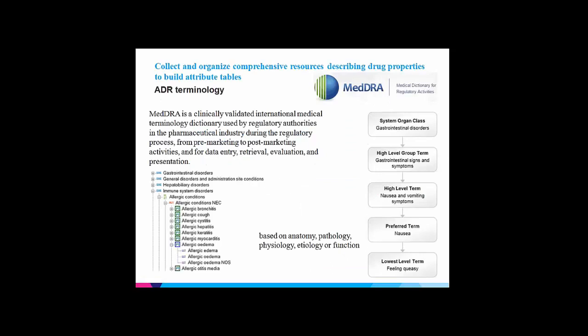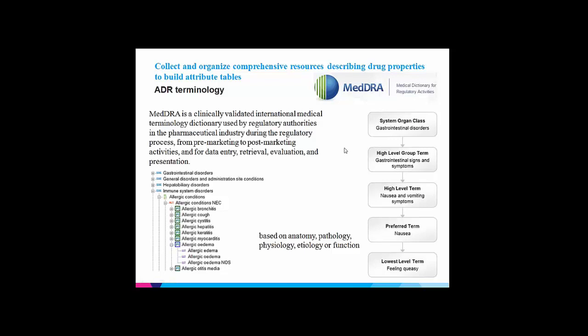To study the ADRs, we need a good terminology for identifying them, and thankfully there is a medical dictionary for regulatory activities, or MedDRA. This dictionary is internationally used by clinicians and regulatory agencies to identify adverse drug reactions.